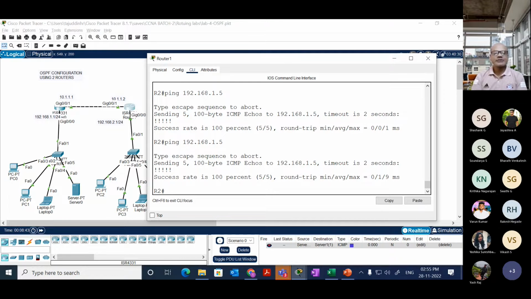Any questions here? How are we deciding this should be area 0 and another should be area 1 or 2? You have to select one area whose routers belong to your designated router.